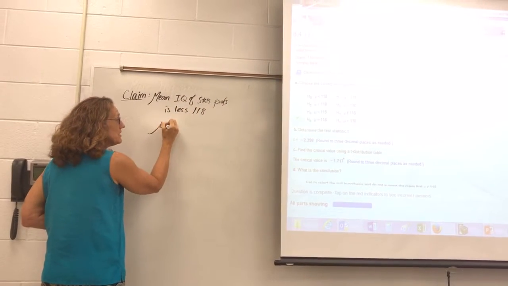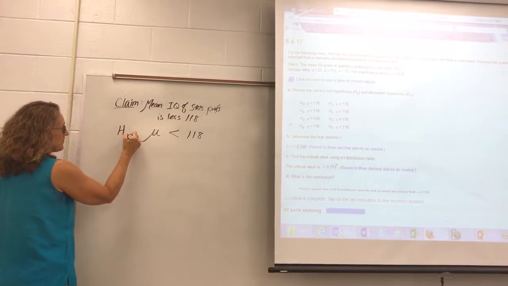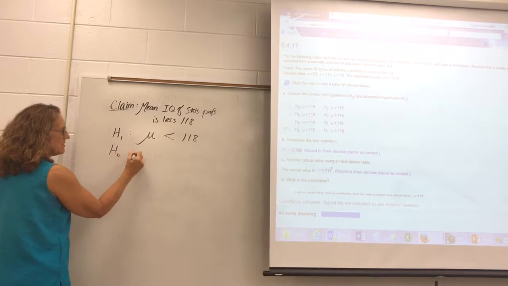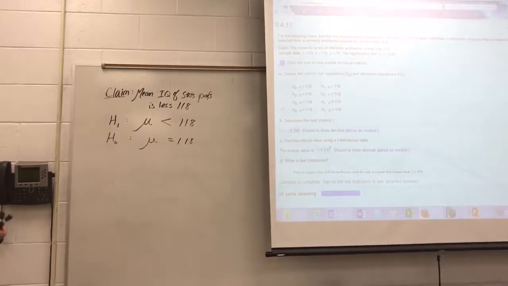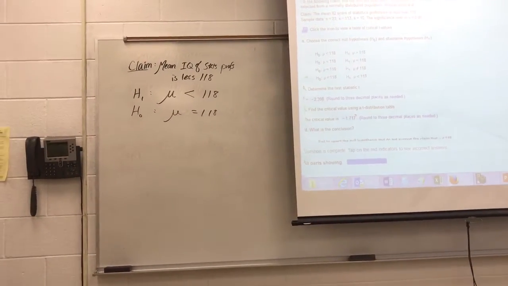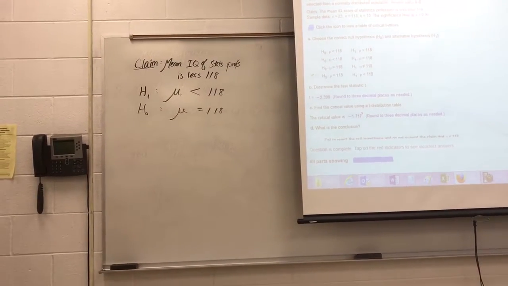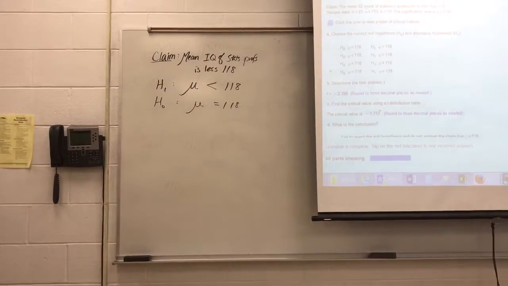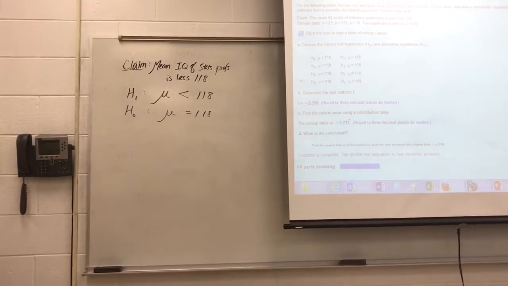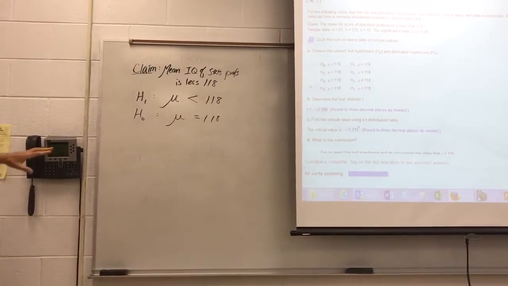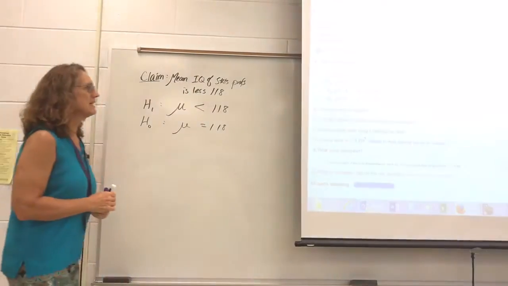In other words, mu is less than 118. And so we've got an H1 claim. H0 would be that it's equal. I would claim this actually greater, but that's just me. I know on the homework the H0 is always on top. That doesn't matter. I like to put H1 on top when it's the claim, but they can go in either order. All right, so we've got an equals versus less than situation. This person picked that out correctly.